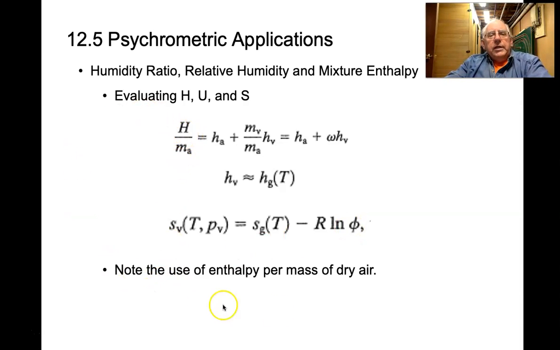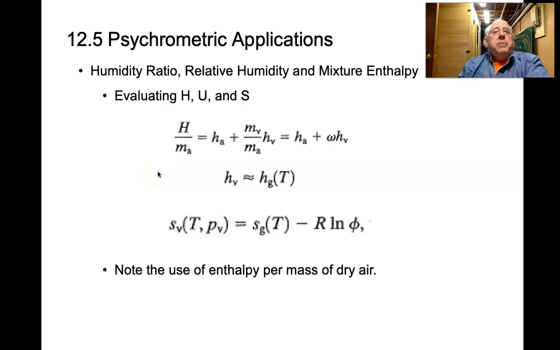The most important thing to note here is that we've introduced an enthalpy on the left-hand side that is on a per mass of dry air, and we have typically not done that for a mixture.